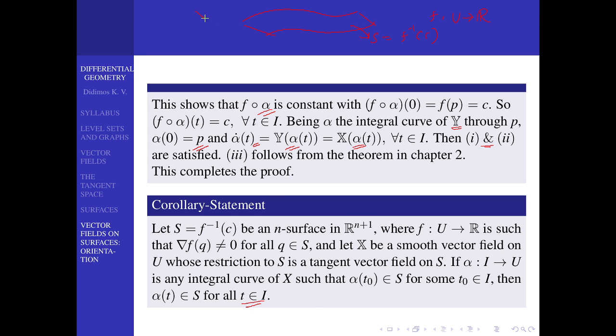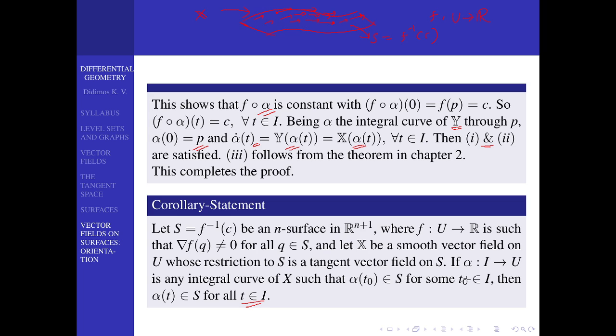So we define a smooth vector field X. When we restrict this to S, we can say that this is a tangent vector field. At each point we have the tangent vector. This assigns a vector from the tangent space. This is the vector field X.